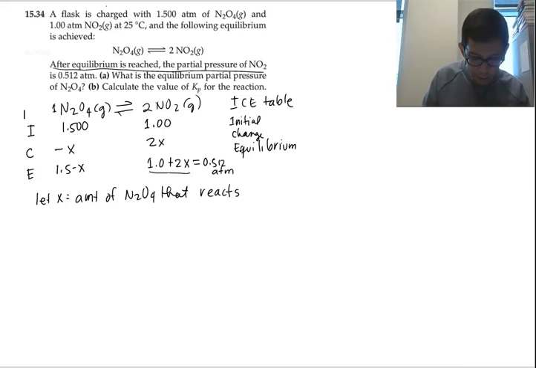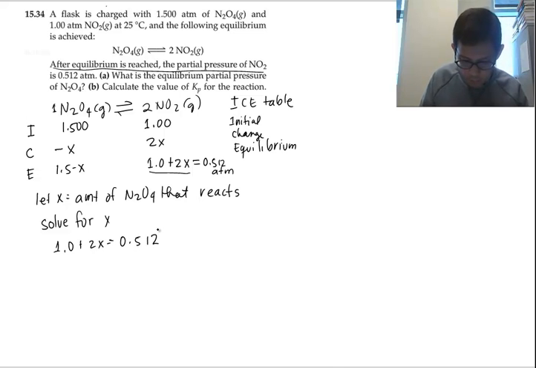Okay, so then we can solve for X. 1.0 plus 2X is equal to 0.512.